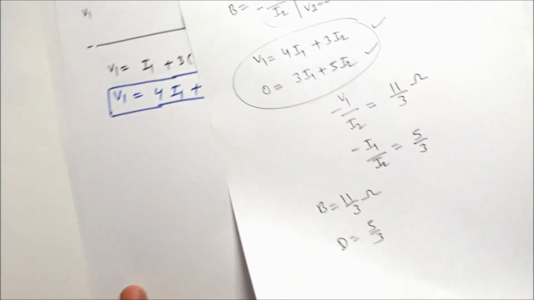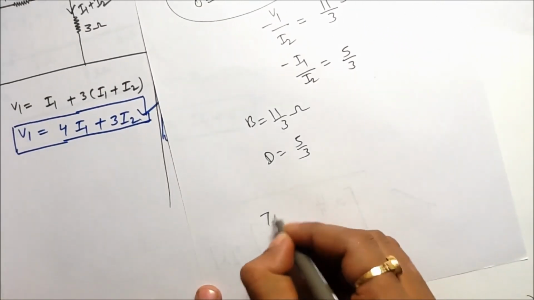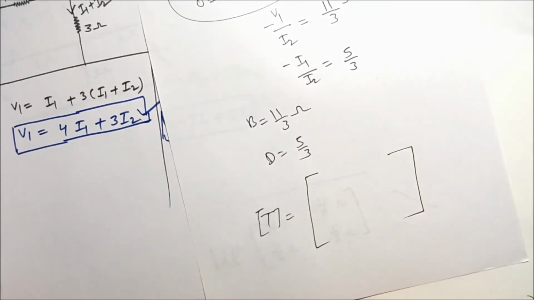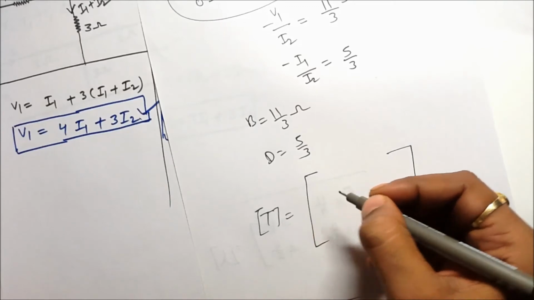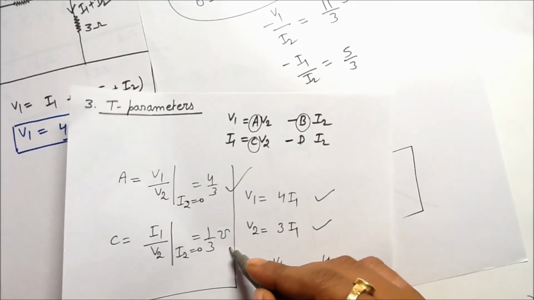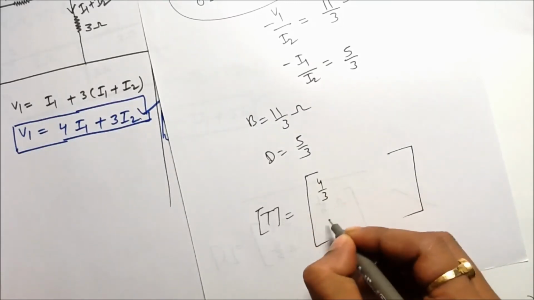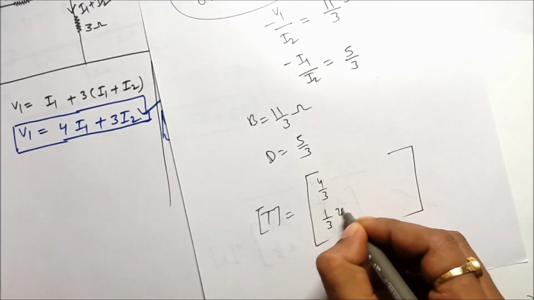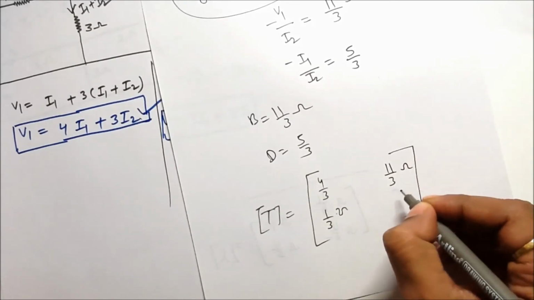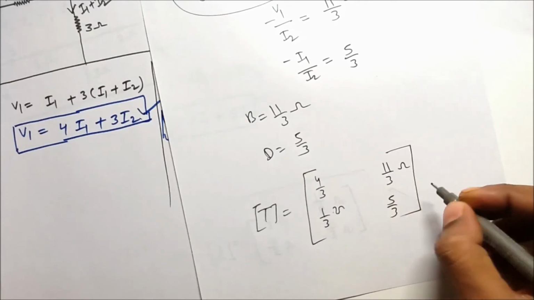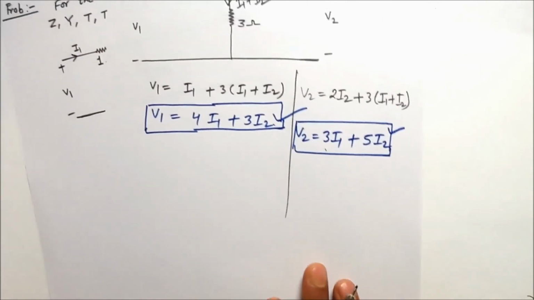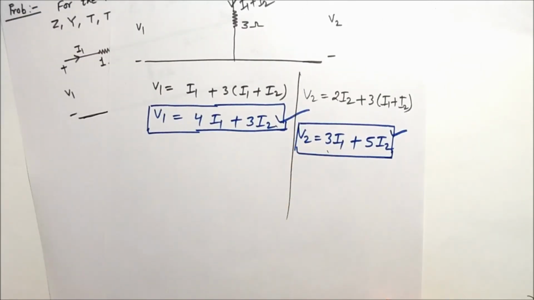So in this way the T parameters will be, the value of A is 4 upon 3, C is 1 upon 3, the value of B is 11 upon 3, and D is 5 upon 3. So in this way we have calculated T parameters with the help of these two equations.